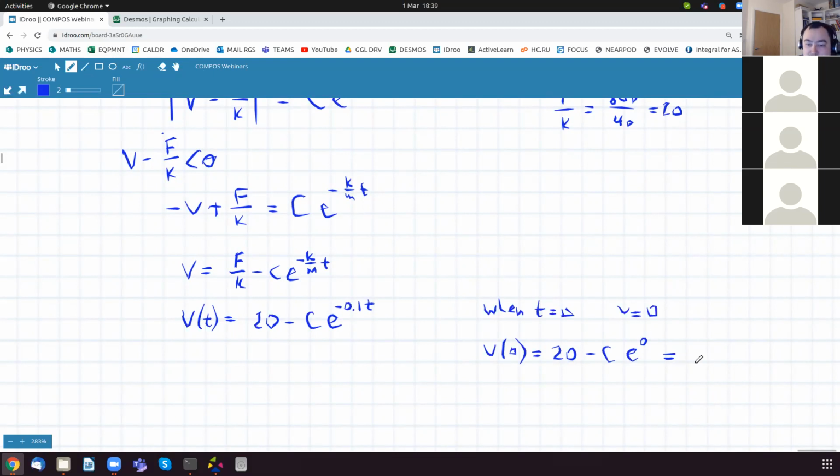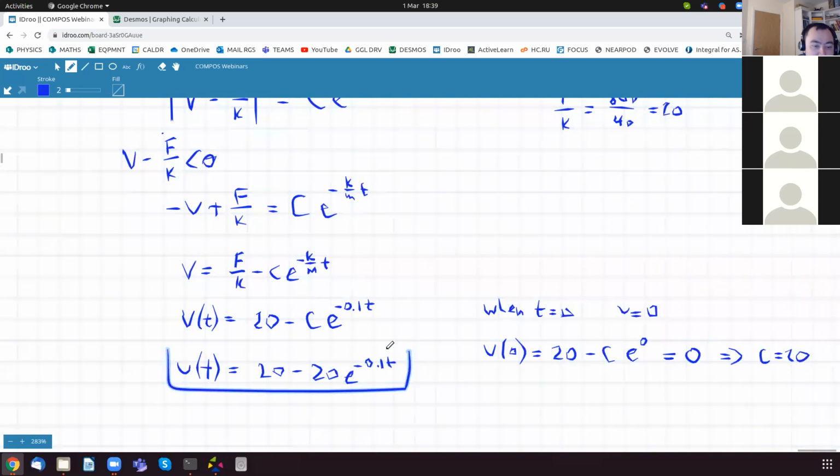This has to be equal to 0. Therefore, c is 20. So the function becomes v of t is equal to 20 minus 20 e to the power minus 0.1 t.